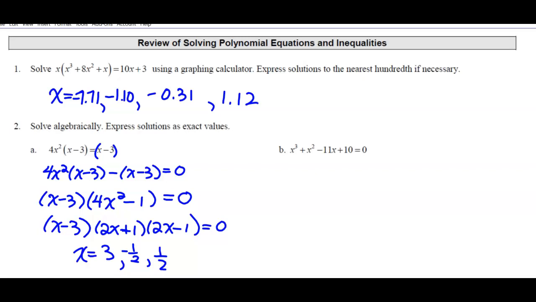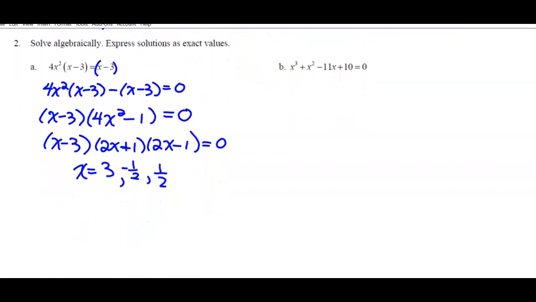If you notice that, bringing everything to one side, always you want one side equal to 0. If you did that, kept the brackets on it, you've got a common factor. If you expanded it out, then you would need to look for your potential zeros, graph it, find one that works, show your synthetic division, show it in that factored form, and then factor the trinomial again.